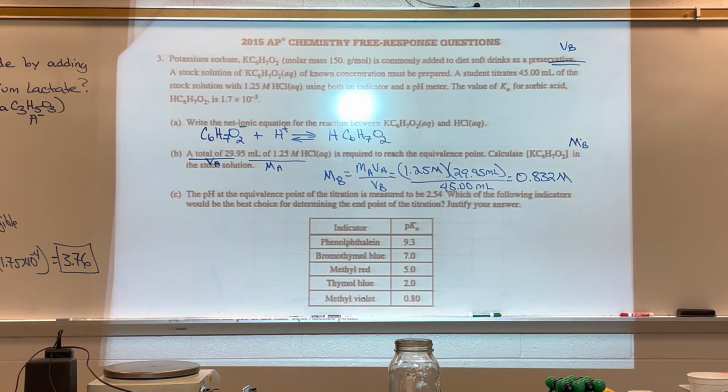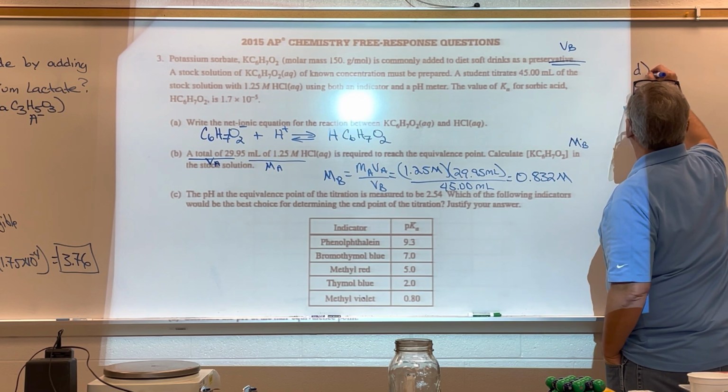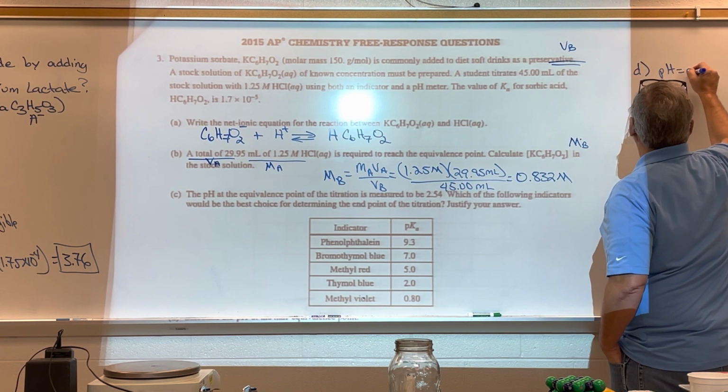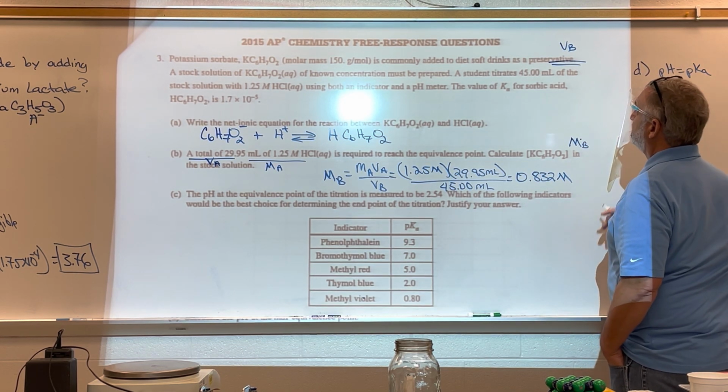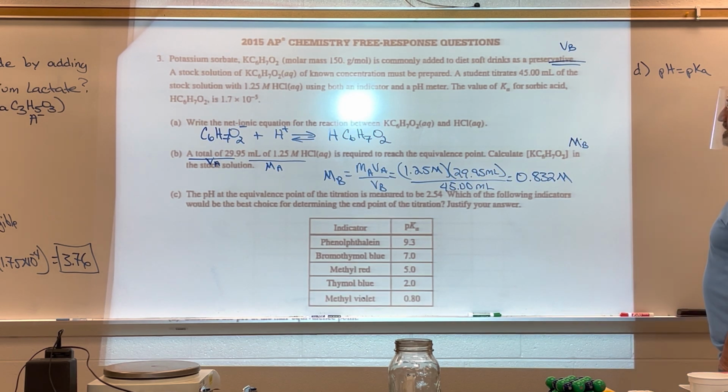And then calculate the pH at the half equivalence point. Okay? The pH at the half equivalence point, how do we do that? pH equals pKa. All right? But this is Kb though, right? No, it gives you Ka in your table.